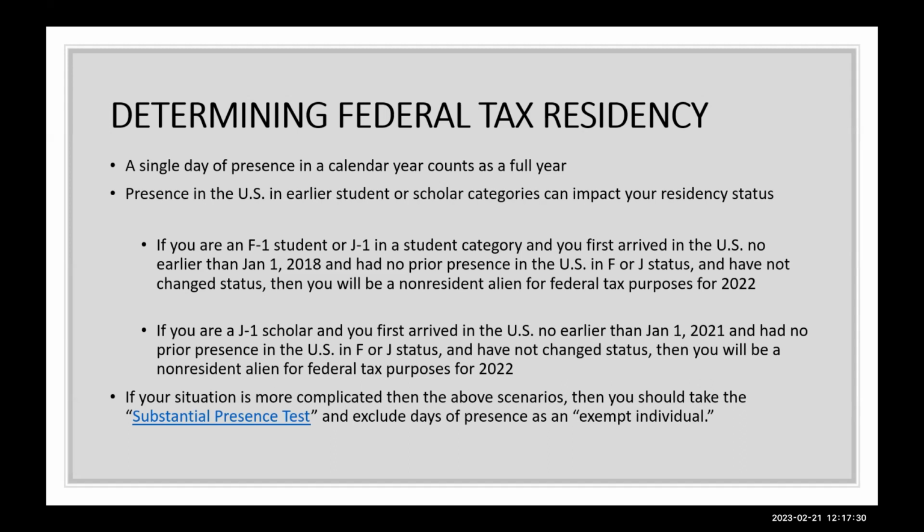So most of you are probably in very straightforward situations. I'm going to look at both F1 student and a J1 scholar and describe these straightforward situations. So basically, if you're an F1 or J1 in a student category, and you first arrived in the US no earlier than January 1st, 2018, and you had no prior presence in the US in F or J status, and you've not changed status, then you will be a non-resident alien for federal tax purposes for 2022.